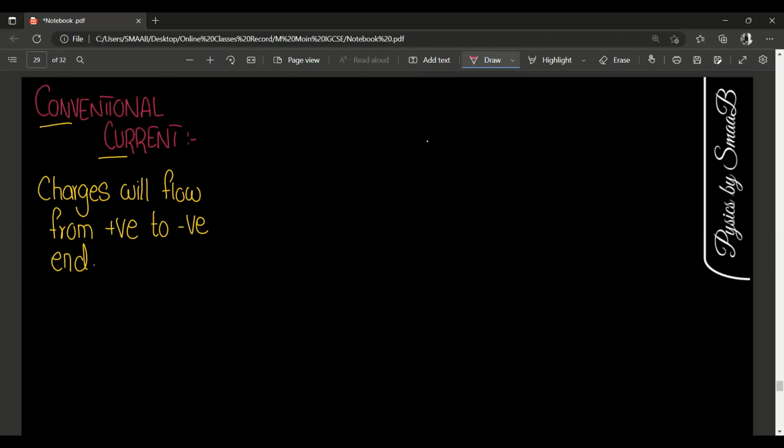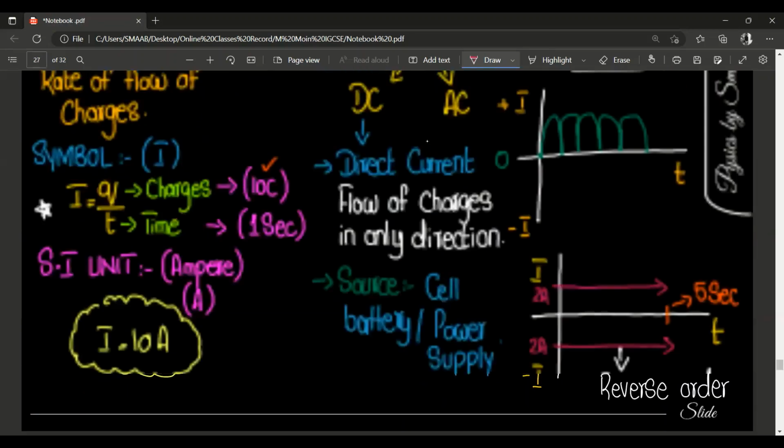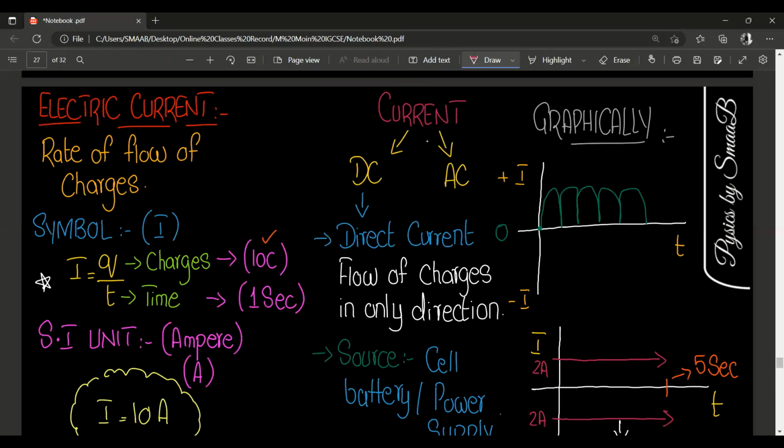When they ask about electron flow or non-conventional, you need to draw from negative to positive. And when they ask to draw conventional current, that will be from positive to negative, right? Now, all these phenomena and properties are related to electric current only.